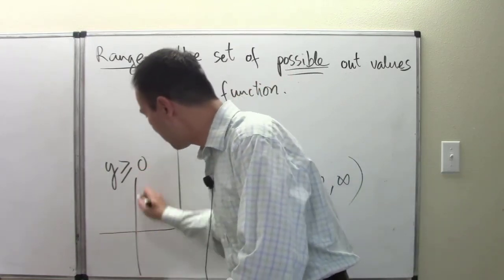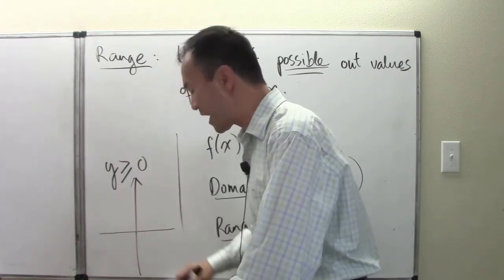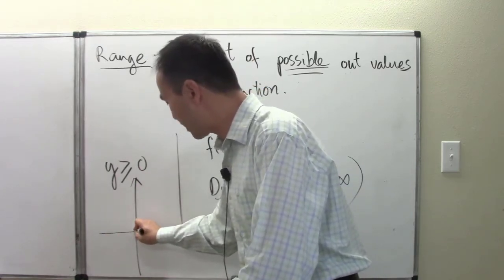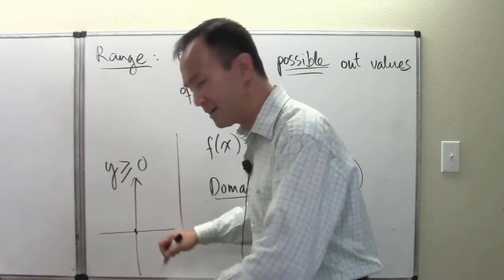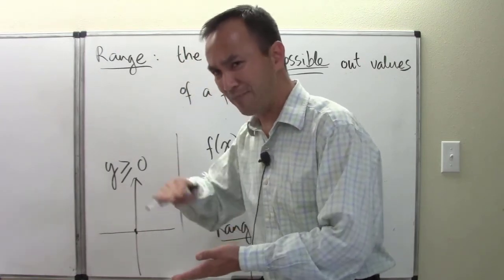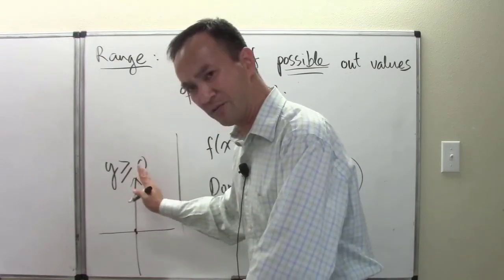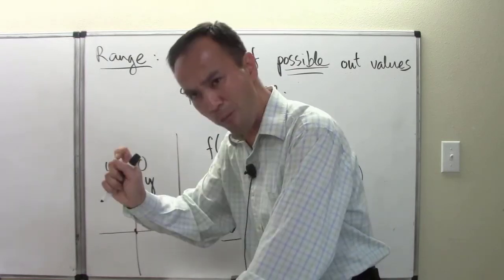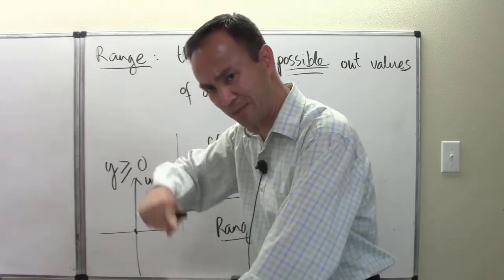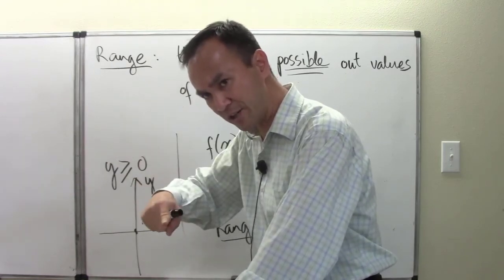Now on the vertical scale, even though I draw the horizontal axis as well, 0 is right here. Here we're talking about a y value, and outputs are placed on the vertical scale.